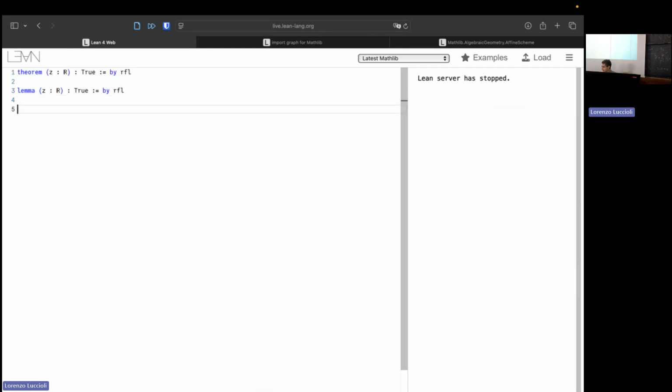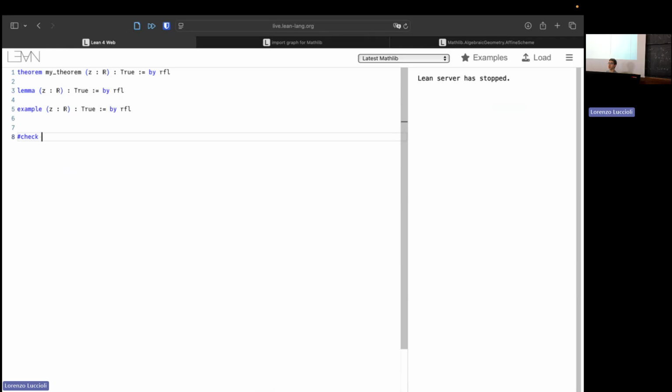There's a third thing we can write, which is example. Let's just copy this. That's slightly different because for a theorem, I can give it a name, my theorem. And so later I can call my theorem. Let's do check.